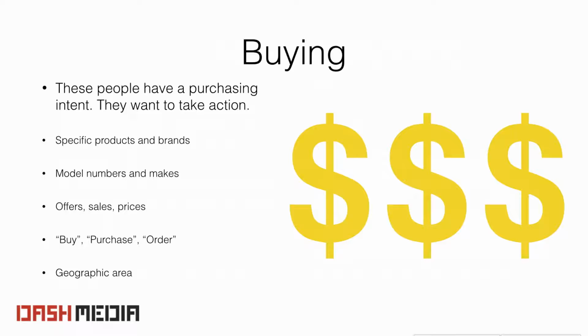The other thing that they'll do as well is start to include geographic areas, because let's think about it, particularly with services. If you're located in a certain geographic area, let's say that you're in Darwin in Northern Australia, which is where I'm sitting at the moment, and I'm looking for a gardener to come and mow the lawns at my house or at my business.